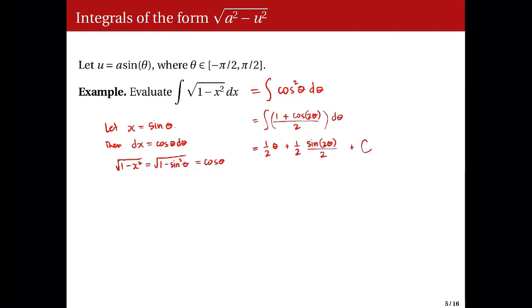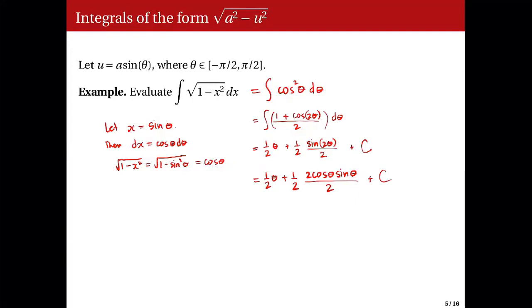So how do we do that? Let us rewrite this. You have 1 half theta plus 1 half sine 2 theta. That's equal to 2 cosine theta sine theta, and then you have the over 2 there, and then the plus c.